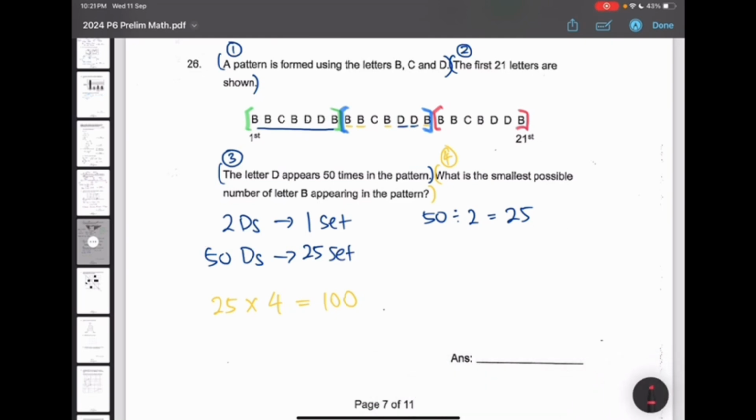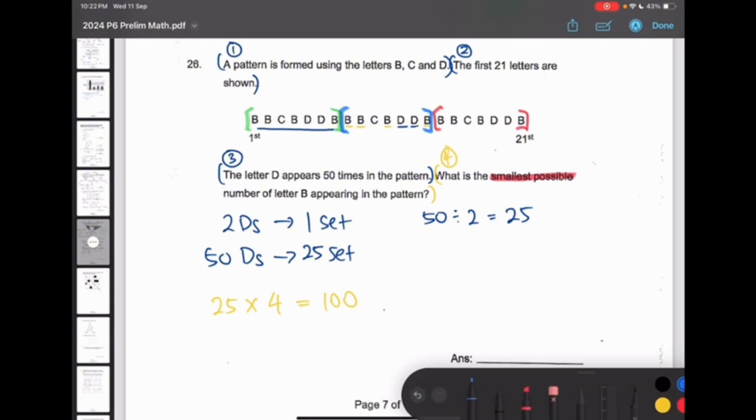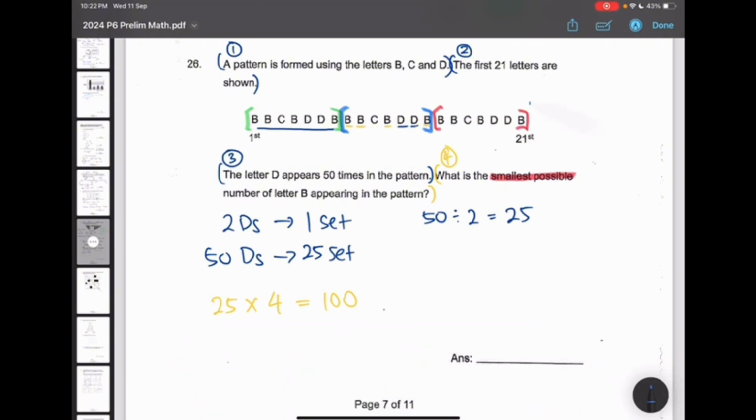Is 100 the answer to this question? The answer is no. Why? Because of this phrase over here, smallest possible. We want to find the smallest possible number of letter B appearing in the pattern. So we cannot assume that the pattern ends nicely over here at the end of a small pattern.